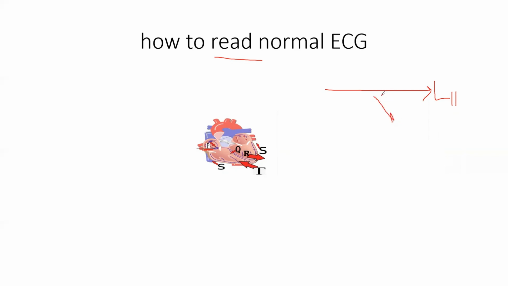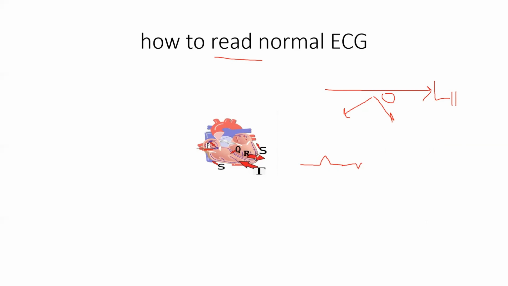It's creating a big angle, so it will be positive, but a small one. Then we continue. We have the Q, the Q on the opposite side. So it will be slightly negative.